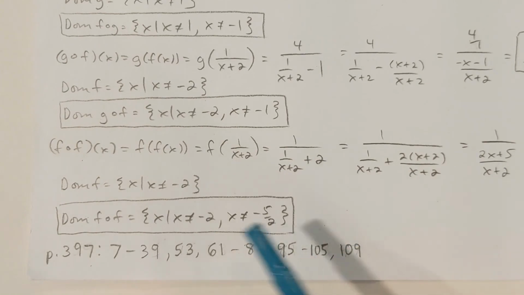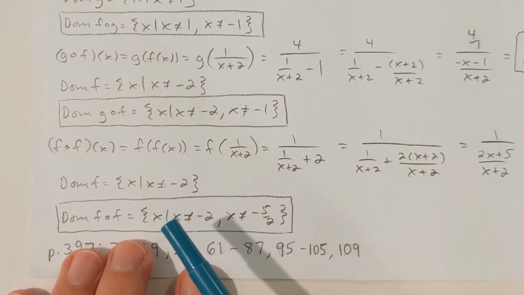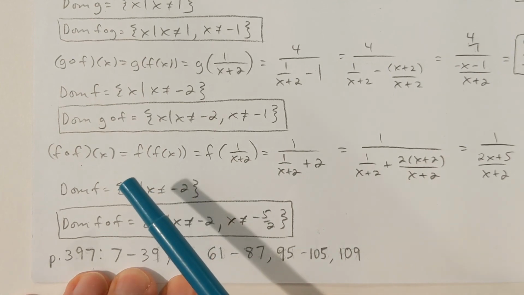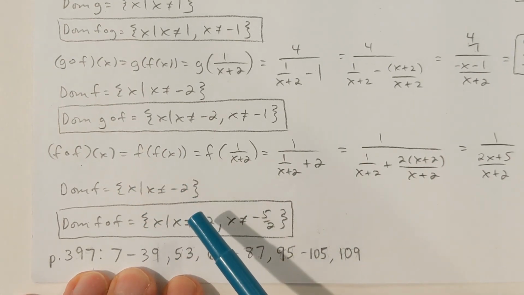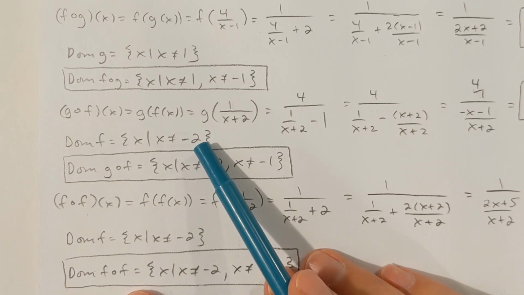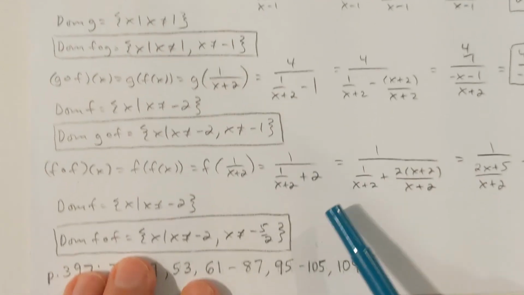If we wanted to find the domain of f composed f, of course the first thing would be to get the domain of f, which makes sense. We're only using f in the calculation. And the domain of f, we've already said earlier, was all real numbers except for negative 2.